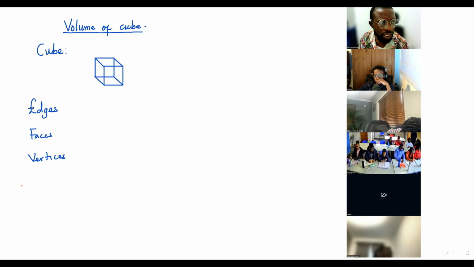So I'm going to put a red marking on the edges. So you are going to be counting how many edges are there. So guys, let's count. This is 1.